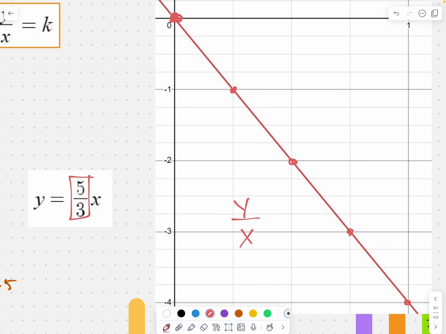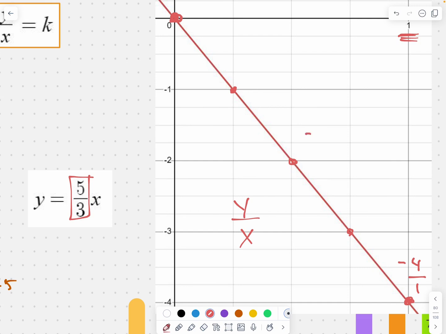Any of them will get me the same value. Just be careful here. This is not the value 1. Even though it's the first line, 1 is way over here. So it might be easiest to use this bottom point where your y value is -4 and your x value is 1.